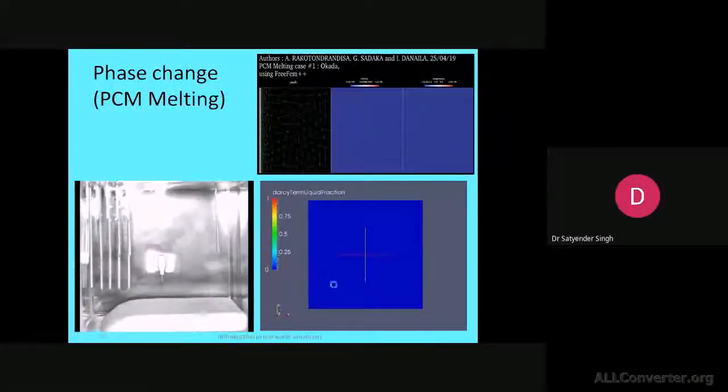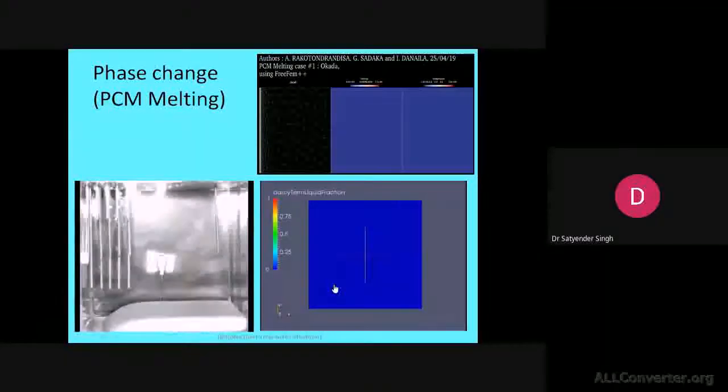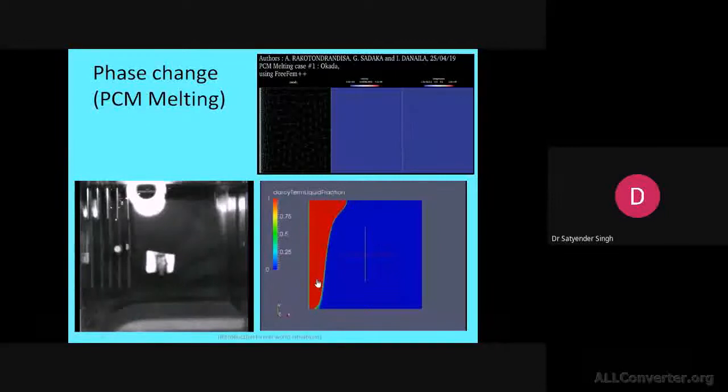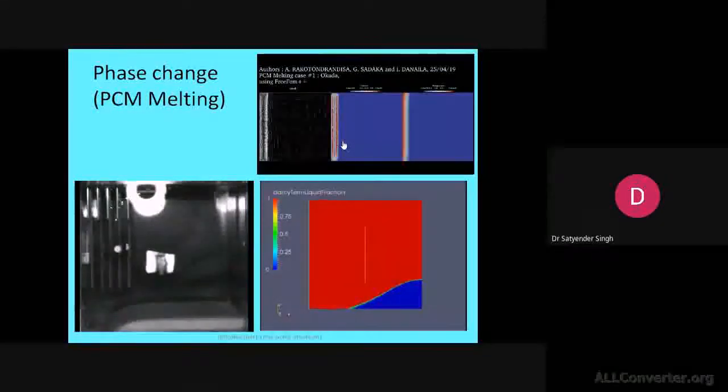If I show you the animation generated in a CFD tool, you will find an analogous melting front has been generated. But how the CFD tool and this result will be beneficial for us, we will do in another video on the same.